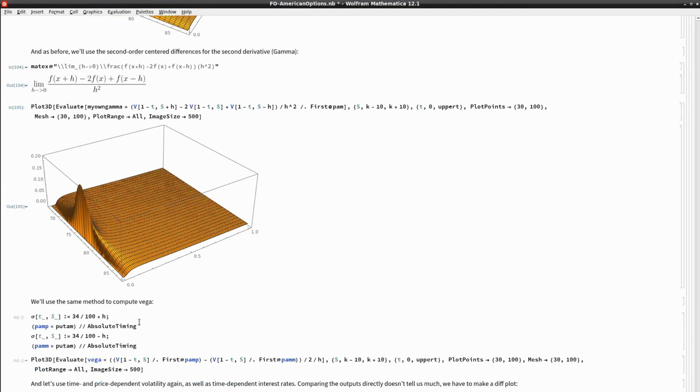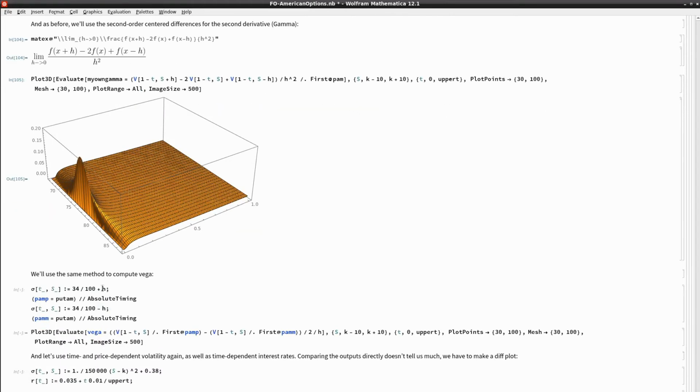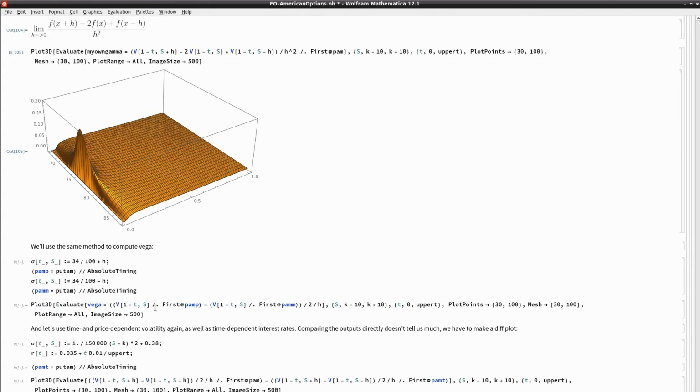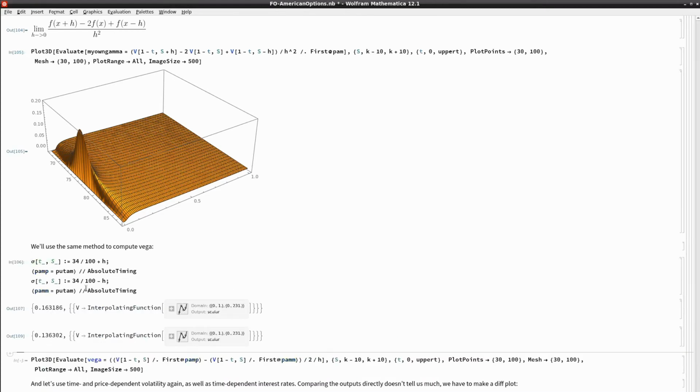We'll use the same method to compute vega. Now vega is a parameter, not a variable, so we have to add h and subtract h in our function for volatility directly, and then do the division by 2h. We do that here. So we compute one surface for plus h and we compute one surface for minus h.